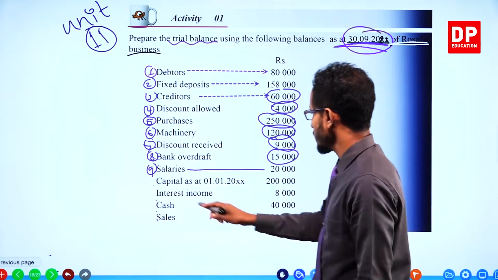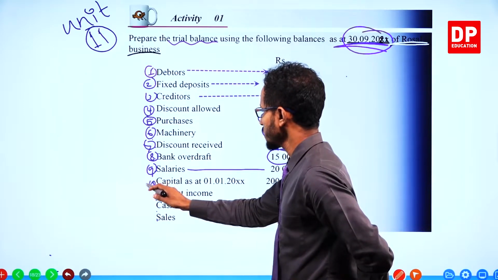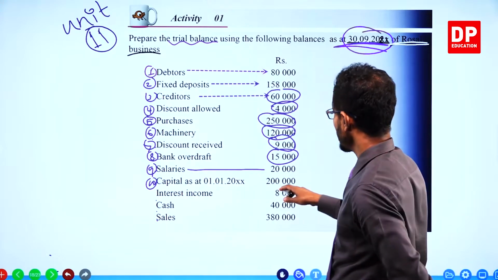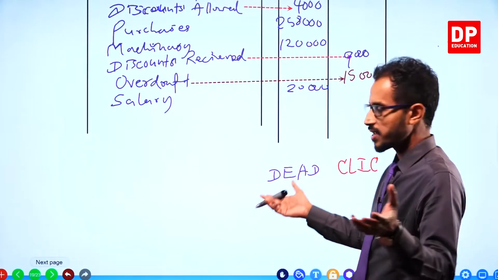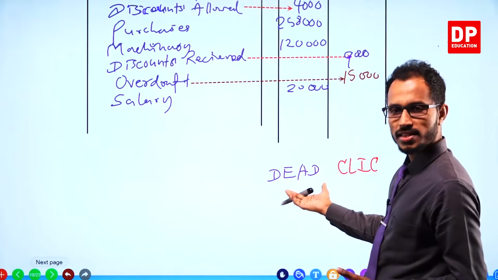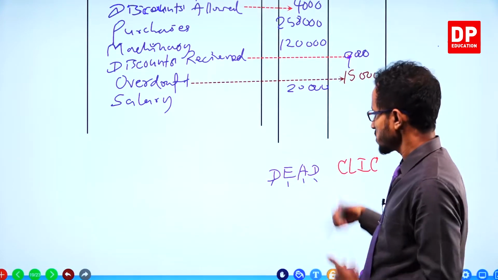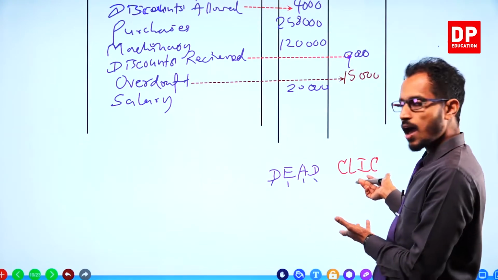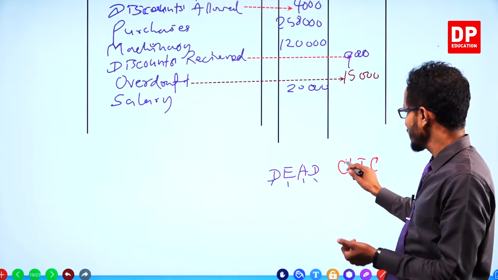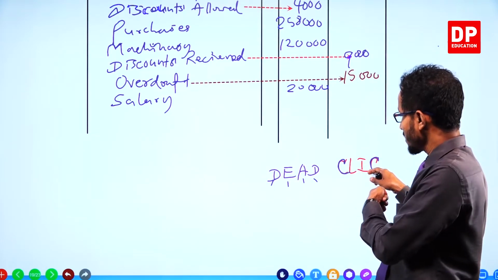Next we have capital, that is the 10th item, capital, 200,000. Capital is normally in which side? Let's look at the dead click. No capital, no C here. See? Do you see a C? No, I can't see a C. C's are all in the credit side. So capital is in the click.